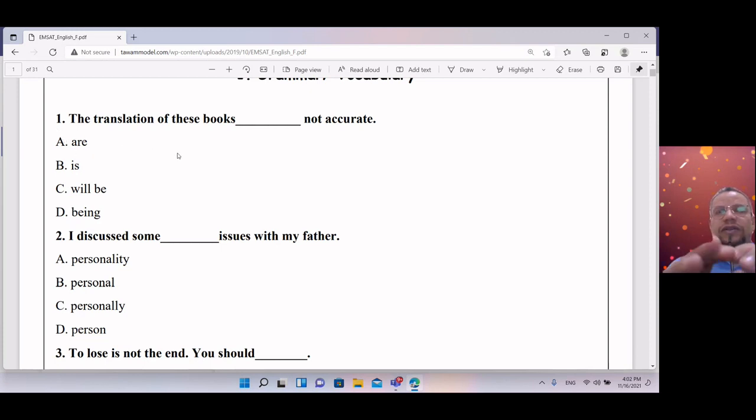You have to see the main noun. I have 2 nouns, books and translation. But is the question about the books or about the translation of the books? About the translation of the books. So the main noun is translation, and translation here is singular. So the answer is B. The translation of these books is not accurate. That's right. So this is 1.